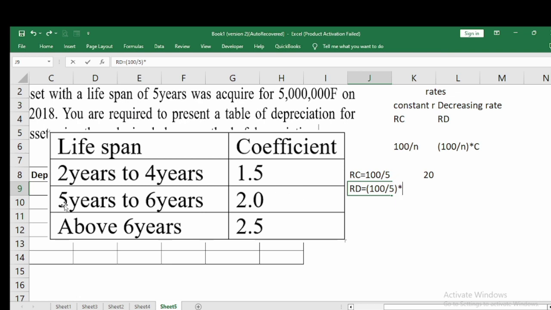Since it is 5 years, they say from 5 to 6 years is 2.0. So times 2. 2.0 is the same as 2, right? Which will be 40%.